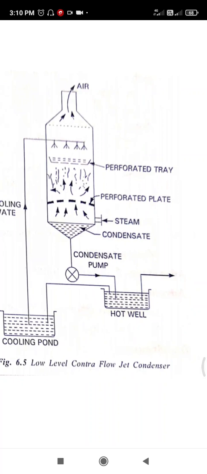In a counter flow jet condenser, the water and steam flow in opposite directions through the shell. In this case, exhaust steam from the engine or turbine enters at the bottom of the condenser and rises upward while the cooling water enters at the top and flows downward.